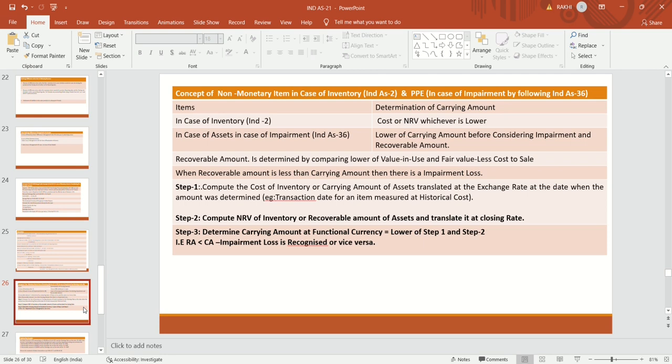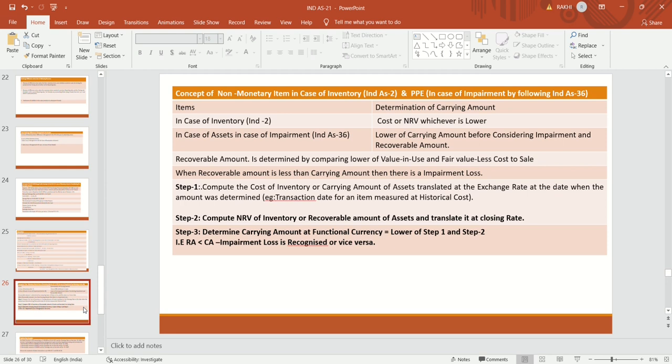If we purchase inventory from a foreign market, we will translate it at the spot exchange rate on the date of the transaction. Also in case of a PPE asset, if any asset is purchased from a foreign market, we will convert it at the spot exchange rate on the date on which the transaction is done, at historical cost.